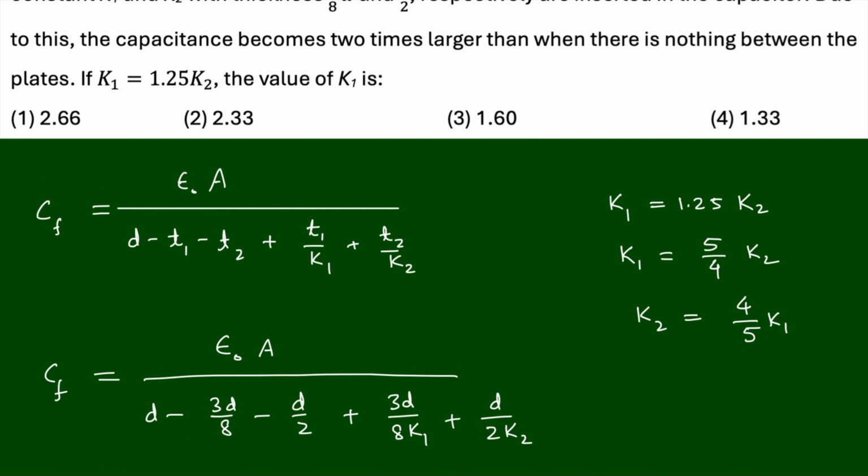Now I'll tell you another method by which we can solve this question as well. We break this parallel plate capacitor into three different capacitors. For example, this is a parallel plate capacitor. Now we have inserted two dielectric slabs. So I can imagine it this way, there are two different dielectric slabs.